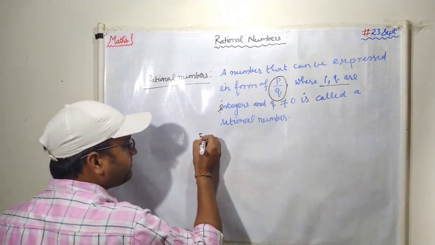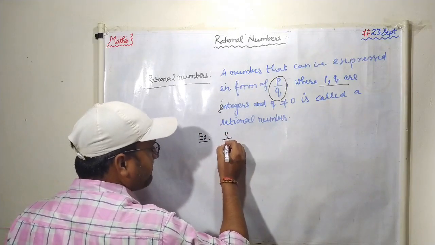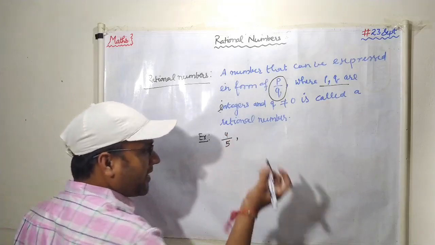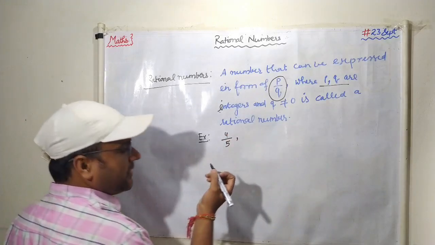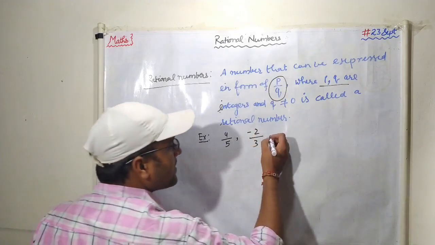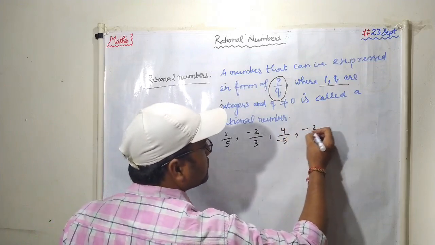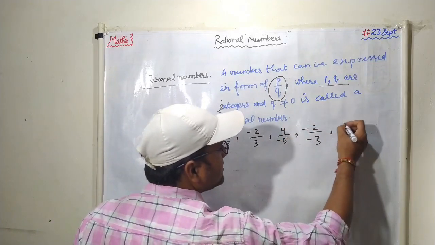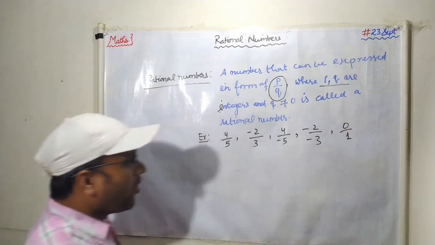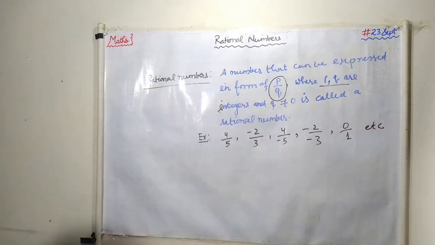For example, 4 upon 5, where 4 and 5 are integers, minus 2 upon 3, 4 upon minus 5, minus 2 upon minus 3, 0 upon 1, and so on. They are said to be rational numbers.